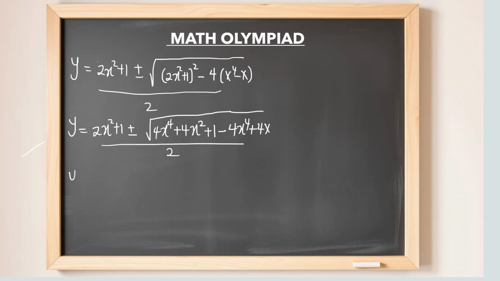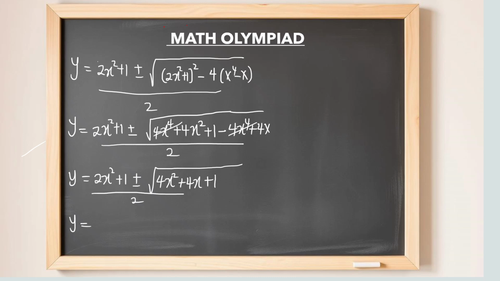So here we have y equals 2x squared plus 1 plus or minus the square root. If you have a very good look at this, you can see that 4x to the power of 4 cancels out 4x to the power of 4 here. So in the parentheses, I'm going to be left with 4x squared plus 4x plus 1, over 2.